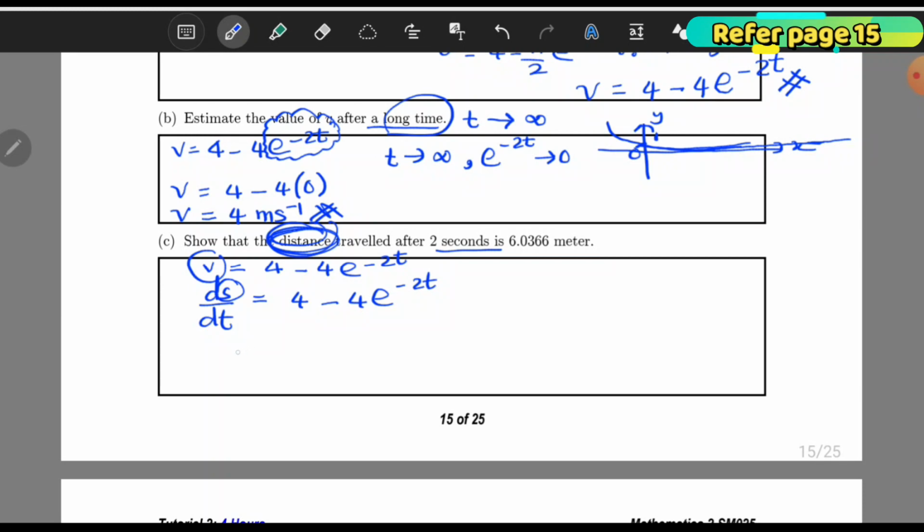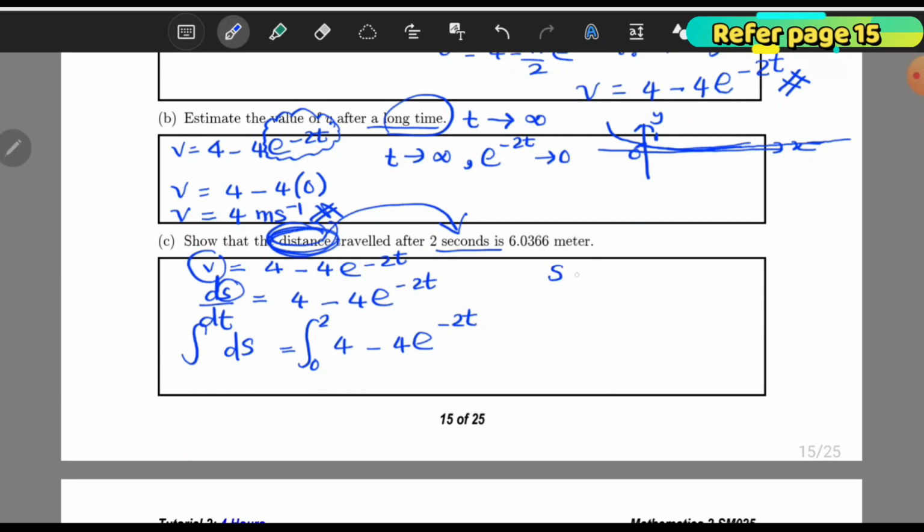So we have ds equal to 4 minus 4 e to the negative 2t dt. So the target here is to find s. But if you go back to the question, you're asked to find the distance after 2 seconds, right? Meaning that we need to integrate from 0 until 2.